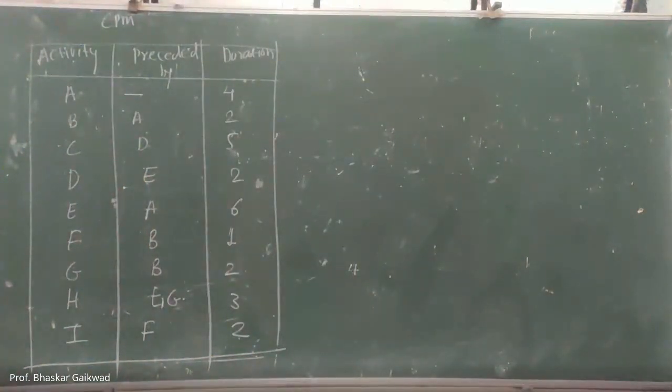So this is the problem. You have to solve this problem. Again, what are the expected questions to be asked? As usual, draw the network diagram. Find out the critical path. Find out the project duration or time, total float and free float.